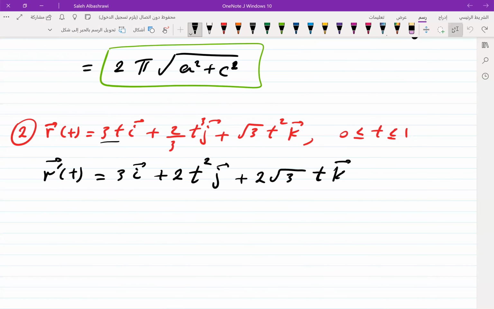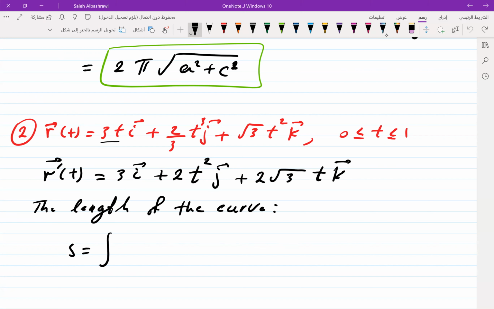Now the length will be given by s equal to the integration from 0 to 1 of the magnitude of the derivative.